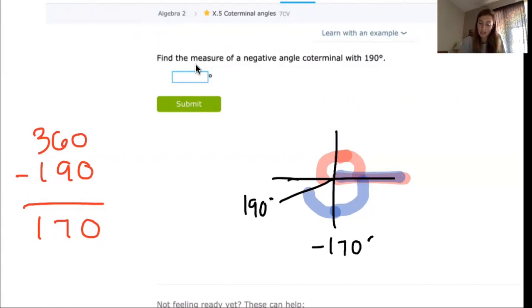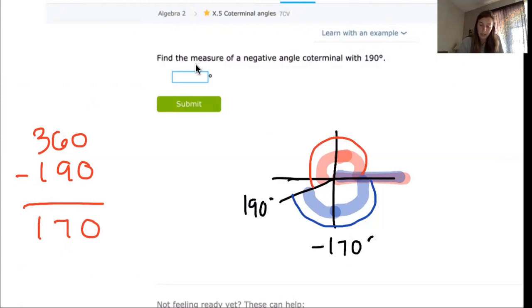Now to know if you did that right, those angles should add up to 360. Because in red, this is 190 degrees. And if I stopped at the same spot, but I went the negative direction, that's 170 degrees.